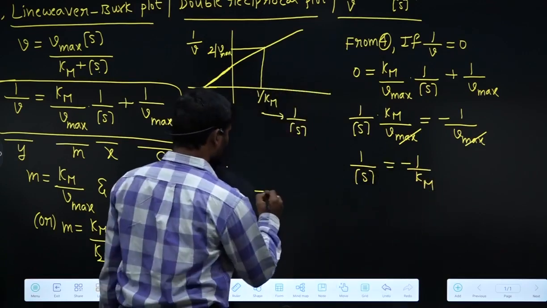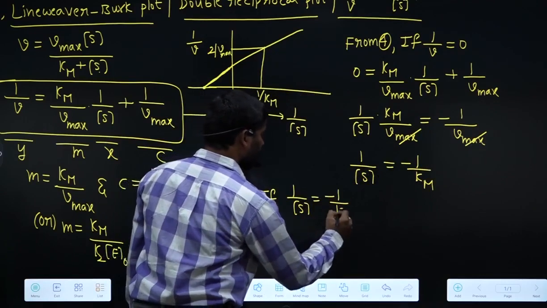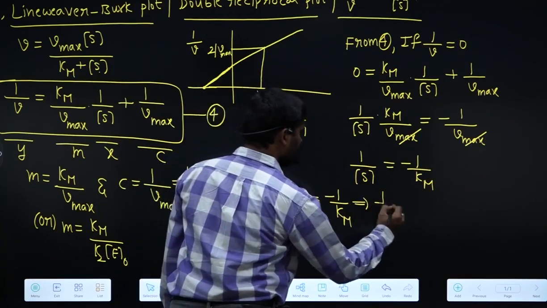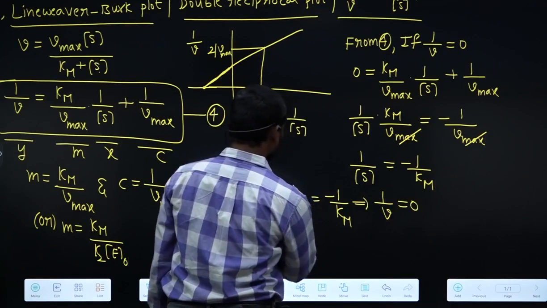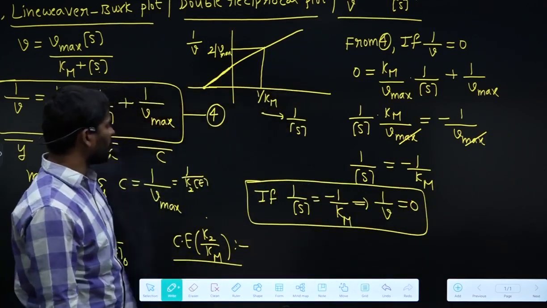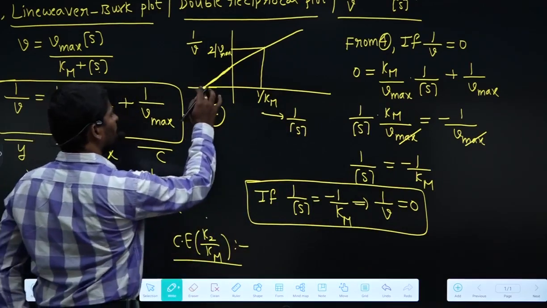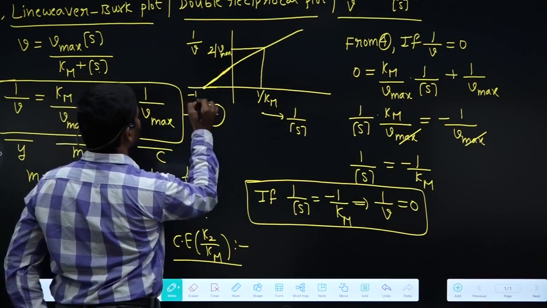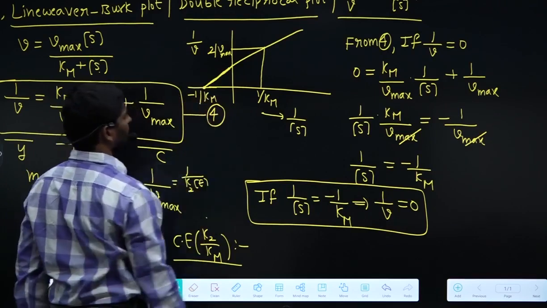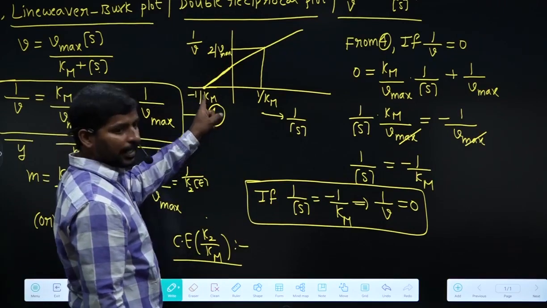So if 1 by concentration of S is equal to minus 1 by Km, then the 1 by v value is 0. That means here the 1 by s value is minus 1 by Km. If it is 1 by Km, it is 2 by V max. If it is minus 1 by Km, its value is 0.